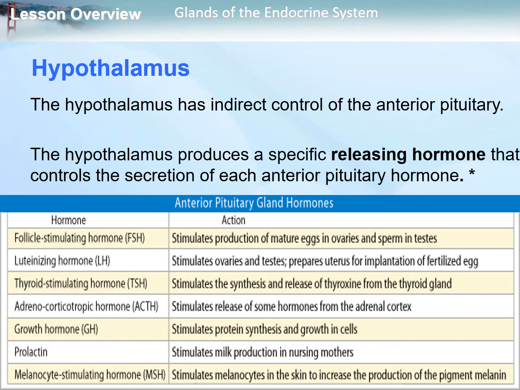The specific hormones are the follicle stimulating hormone or FSH, luteinizing hormone or LH, thyroid stimulating hormone or TSH, adrenocorticotropic hormone or ACTH, growth hormone, prolactin, and melanocyte stimulating hormone or MSH, and their specific actions. You will find them in the second column.